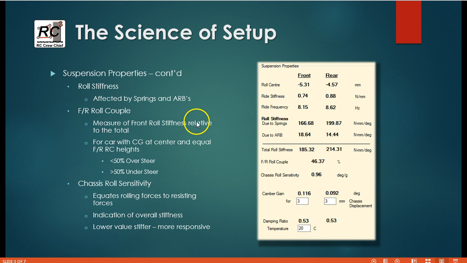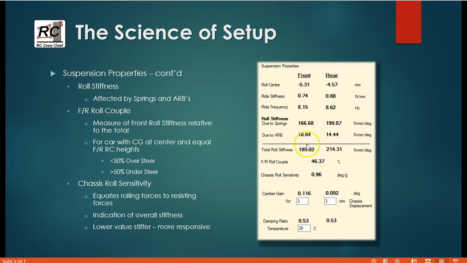Okay, up next we're going to talk about roll properties. So we have a roll stiffness, we have a roll couple, and we have a roll sensitivity. And these are listed here on the suspension properties table. So roll stiffness, there is a contribution due to the springs and a contribution due to the anti-roll bars.